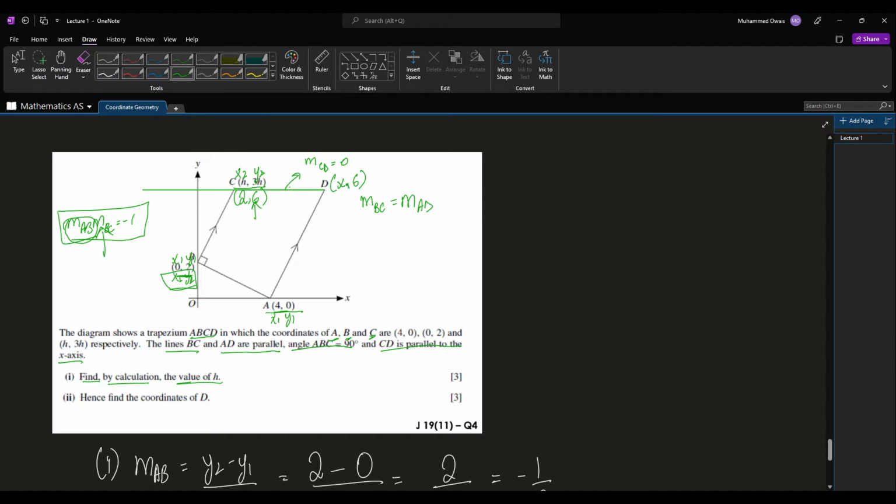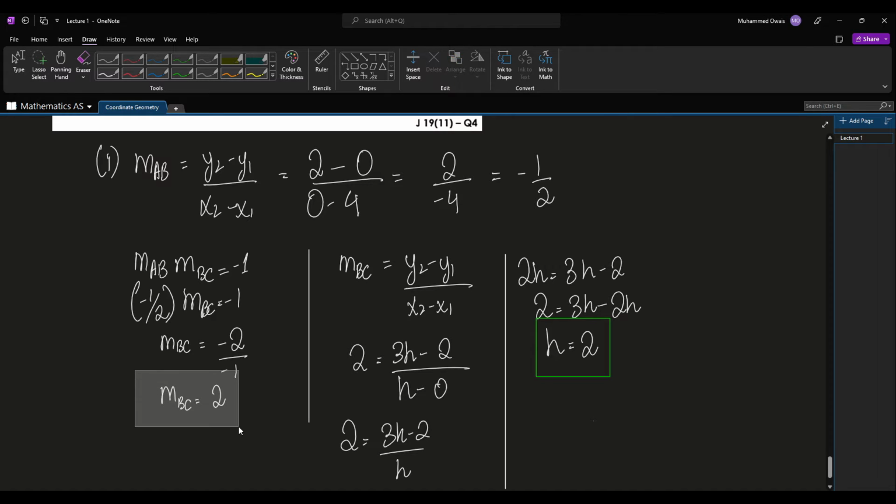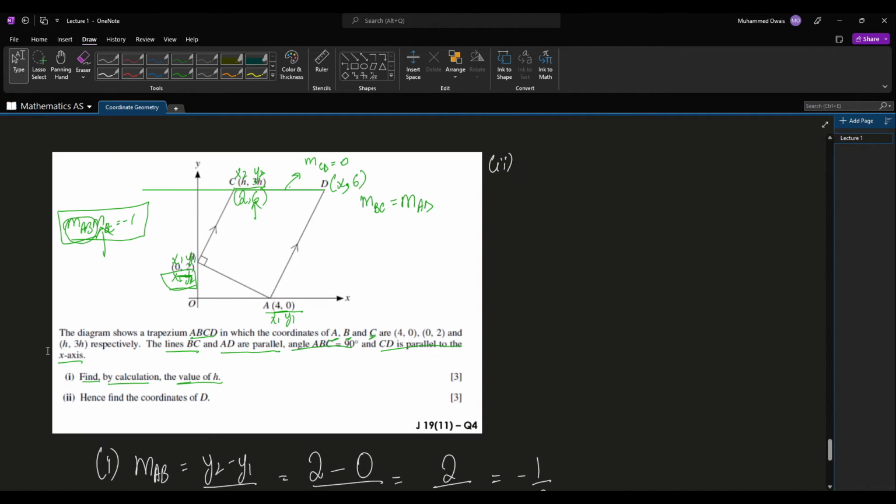Now we just need to find the x coordinate. So how do we find the x coordinate? What we can do is now utilize another thing that we found before, which is the parallel gradient. M of BC is equal to M of AD. Let's do this beside it. We know that the gradient of BC is 2.